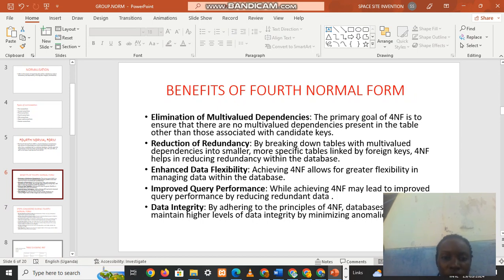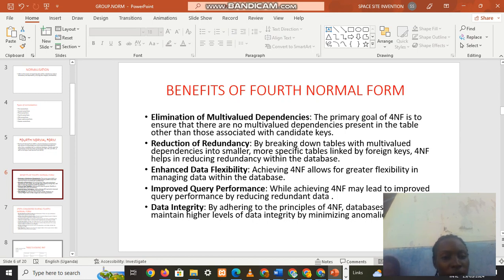There is elimination of multi-valued dependencies, reduction of redundancy, enhanced data flexibility, improved query performance, and data integrity. We all know the reduction of redundancy in data. We know enhanced data flexibility, improved query performance, and data integrity.